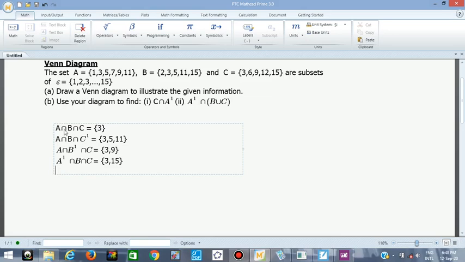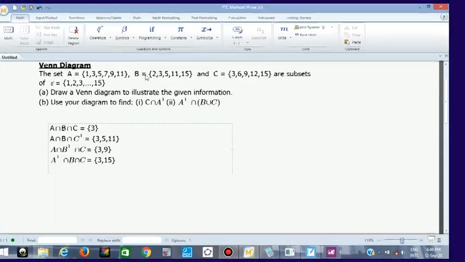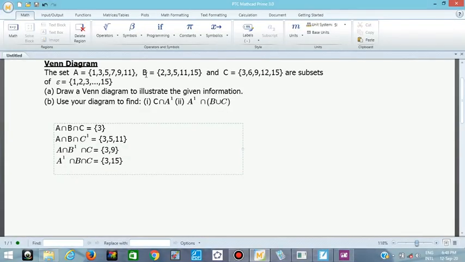So take note of what I'm doing. I started with elements present in all the 3 sets, which is A intersection B intersection C. So 3 is the one present in all the 3 sets. So take note of that. Then we now move to those in A and B without C. So this symbol here, raised to power 1, is called C complement.